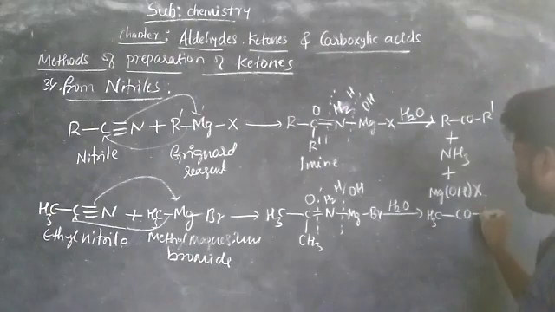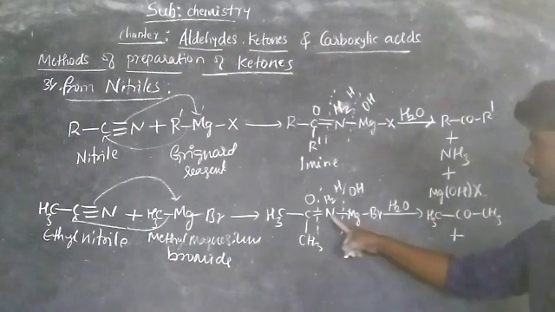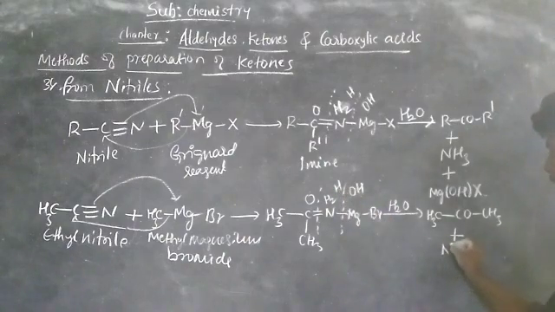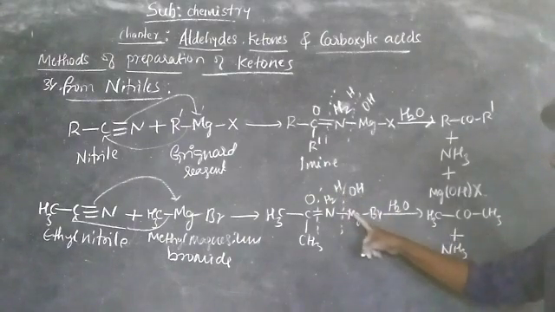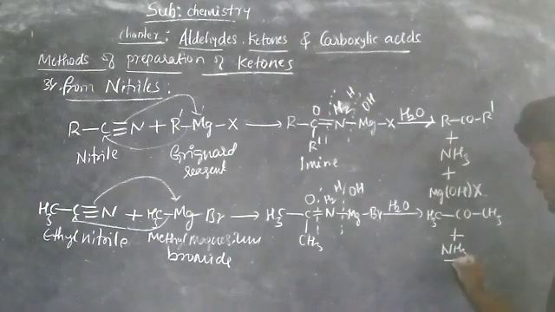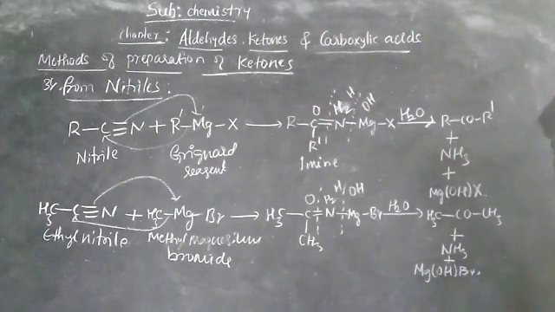Plus NH3, plus Mg(OH)Br. Okay, so these are the products. Here the main product is this one, that is acetone.